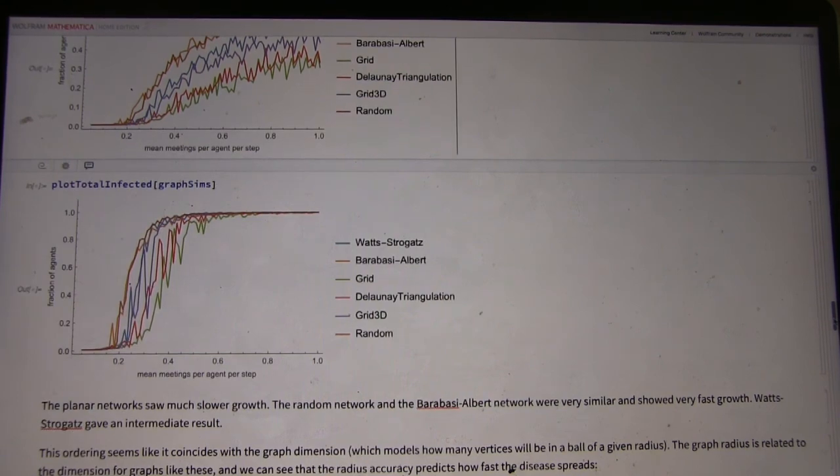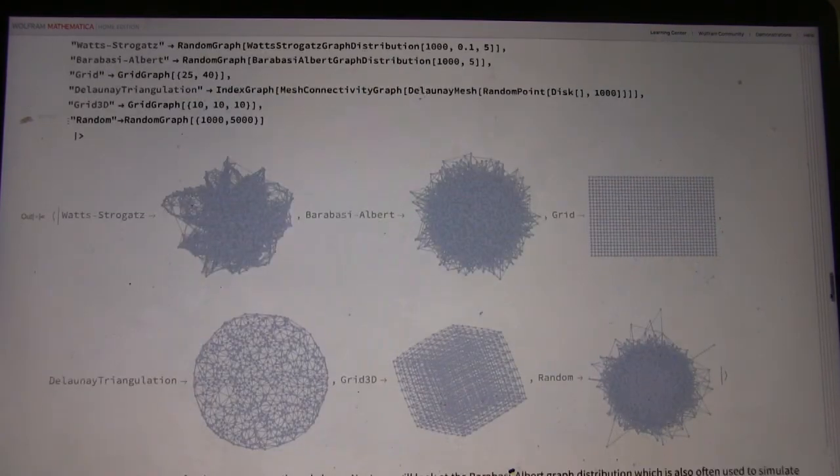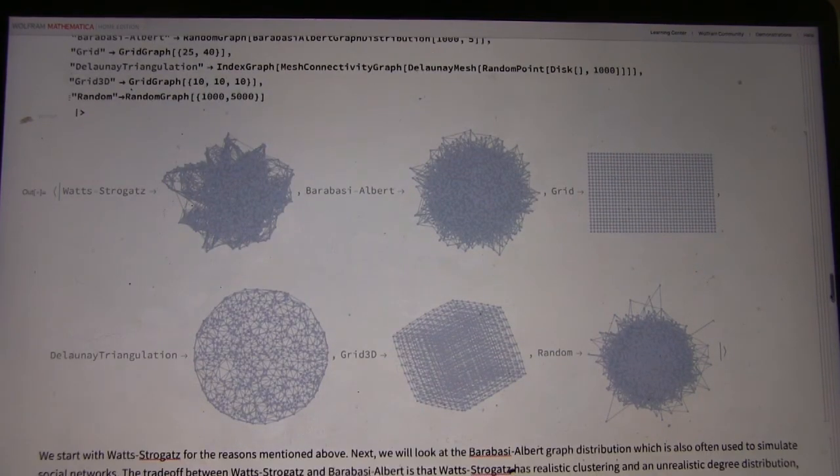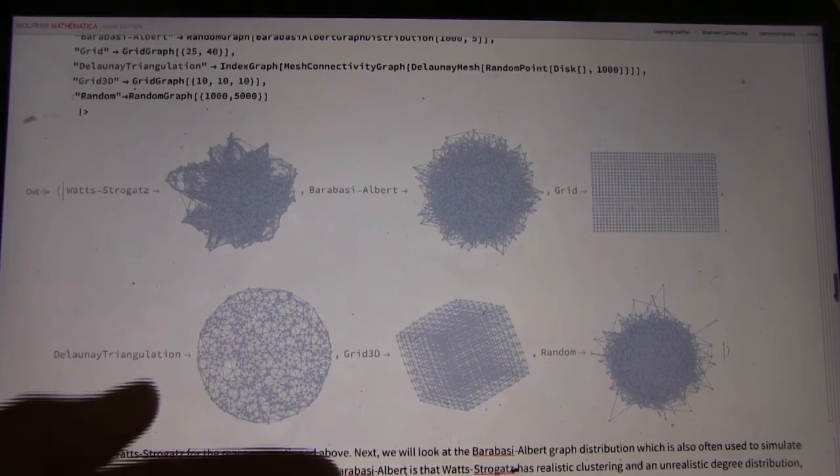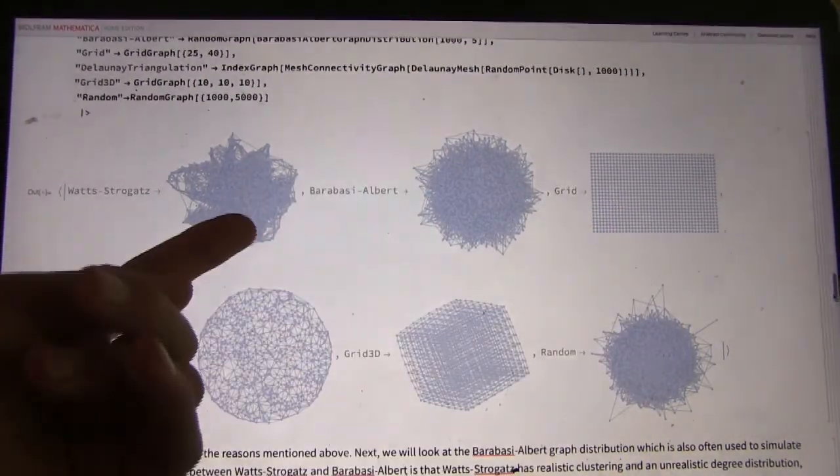Yeah. So just to show you, because you hadn't seen this before, the different kinds of graphs he's using, you might think, hey, that's going to produce really different results. I mean, this two-dimensional grid seems very different from these graphs.